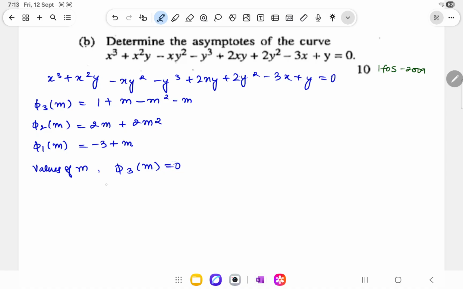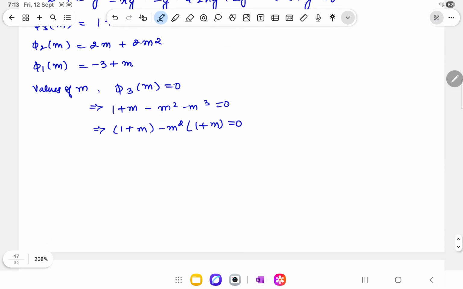If I do so, I'll get 1 plus m minus m square minus m cube equals 0. So I can write it as 1 plus m minus m square into 1 plus m equals 0. If I solve it, I'll get 1 plus m into 1 minus m square equals 0. So this basically gives me m as -1, -1 and 1.